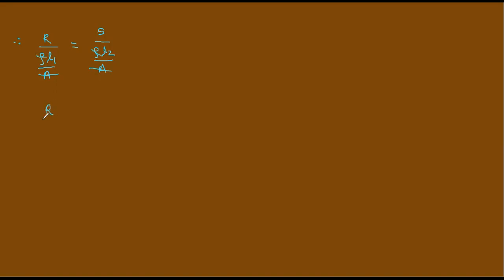So what you are getting: R divided by L1 is equal to S divided by L2. Therefore, can I write like this? R divided by S is equal to L1 divided by L2. And L2 we know is 100 minus L1. Is that clear?